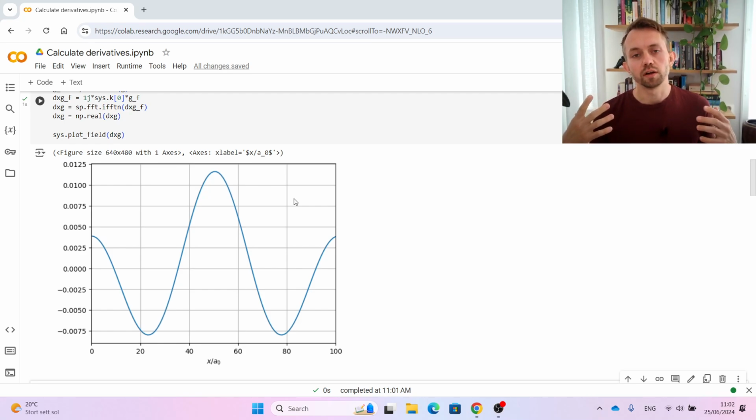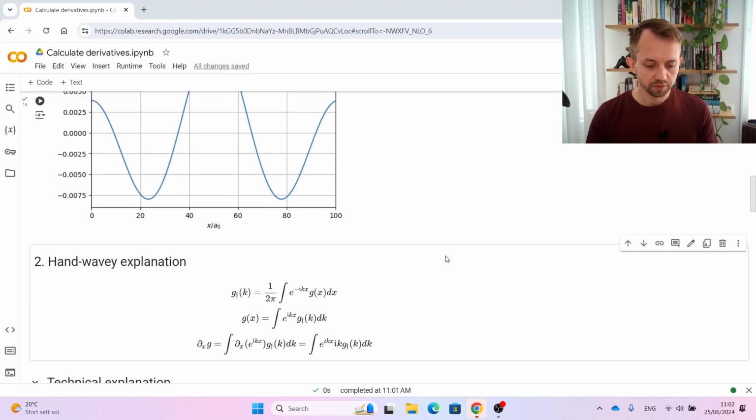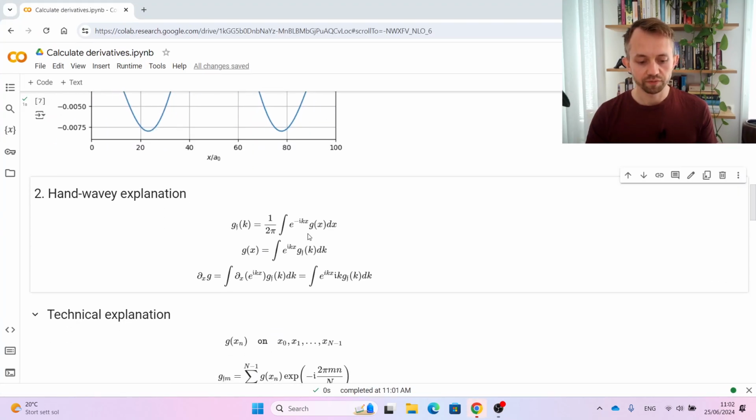Essentially, what we're using is the properties of the Fourier transform. So for an infinite system, the Fourier transform is given like this, right? So you have this integral over all space multiplied by e to the minus ikx, and then this normalization factor. And the inverse Fourier transform is given by the same expression with 2 pi and then ikx in addition.